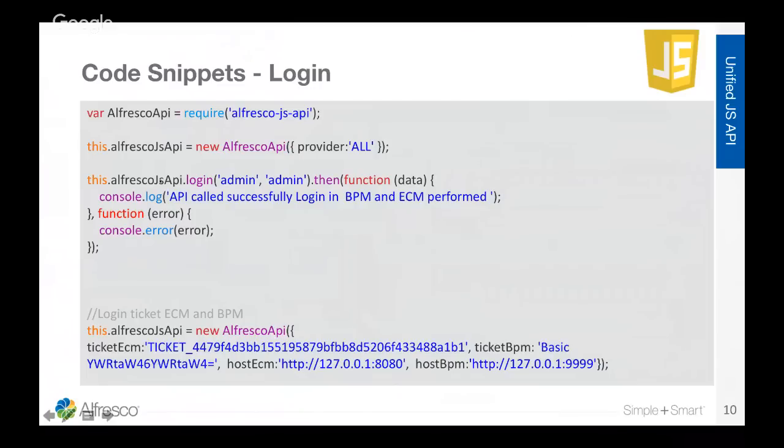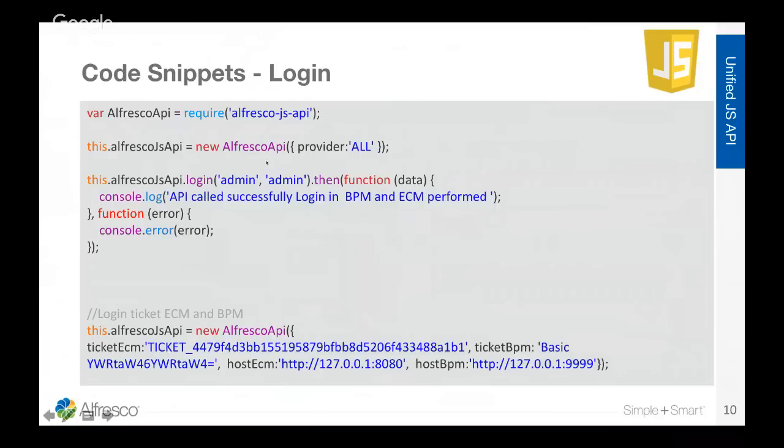And then it's really easy. You just say what you want to do with this API. In this case, we want to do the login, so we call the login method, and we pass the username and password. And inside this callback, we get the result of the call. Of course, if there had been an error, we would have received a callback here with the error.